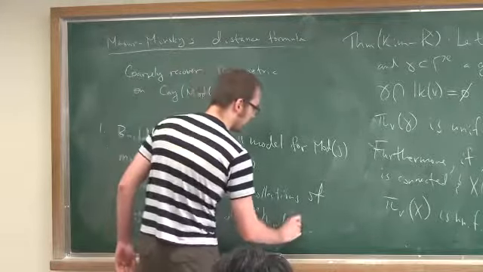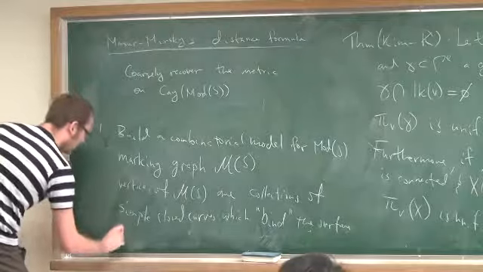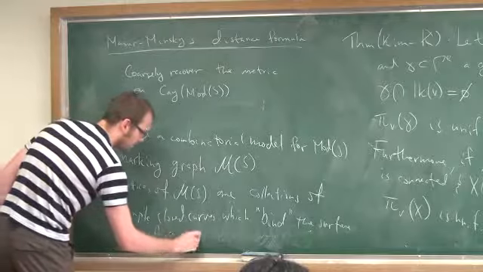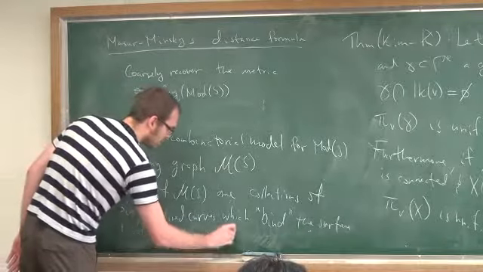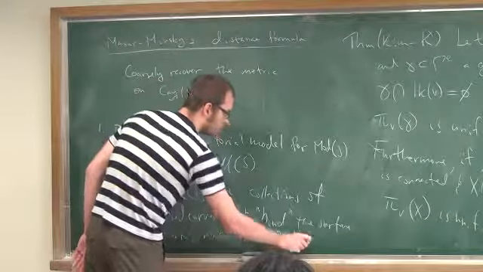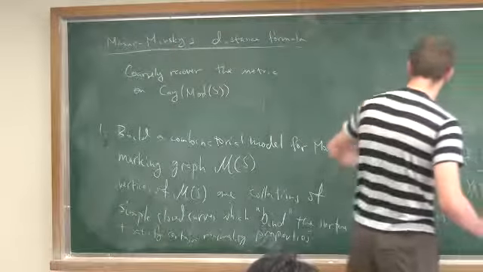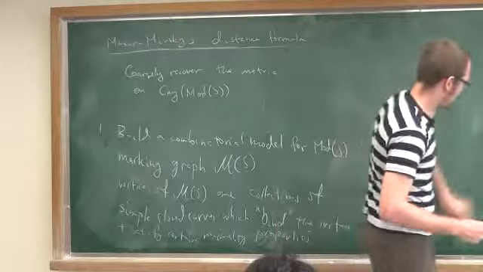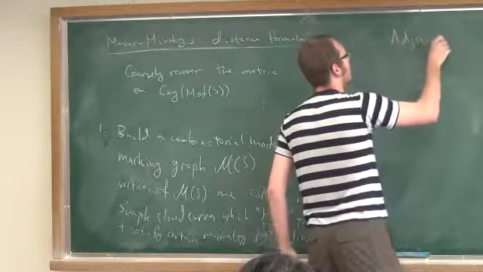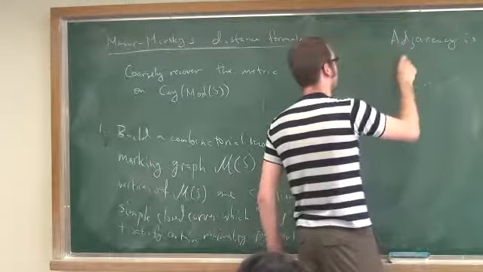They bind the surface so that they fill it up completely and satisfy certain minimality properties. And then adjacency in this marking graph is given by some sort of elementary moves.